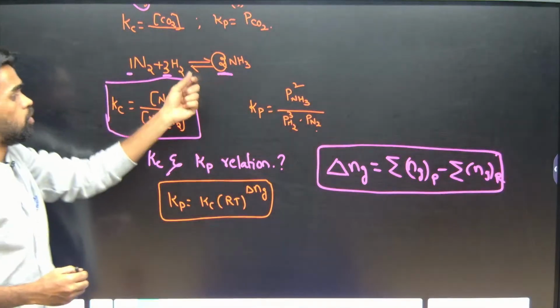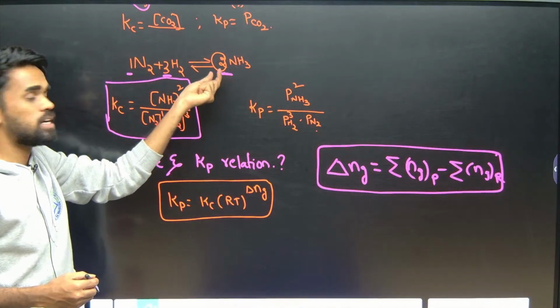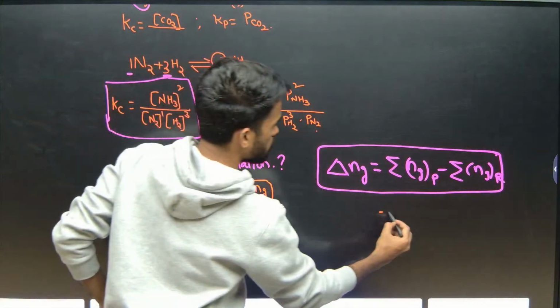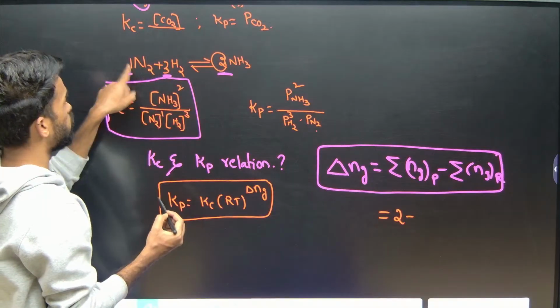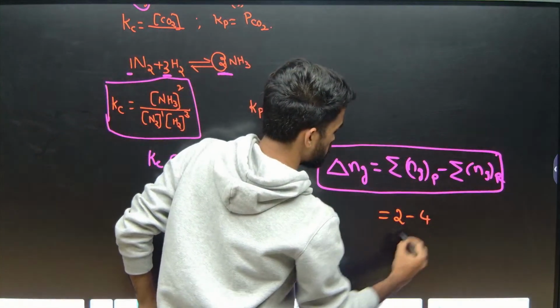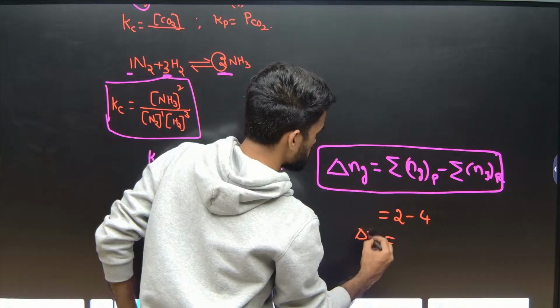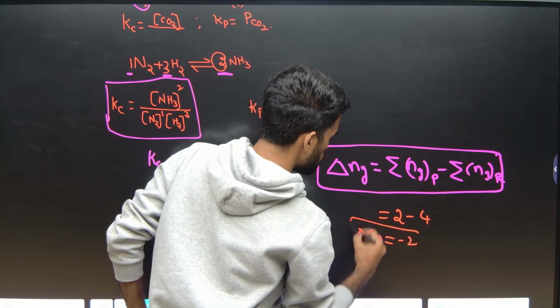How many gaseous products are there here? 2, right? So 2 minus the gaseous reactants, 3 plus 1, which is 4. So the delta Ng value is minus 2.